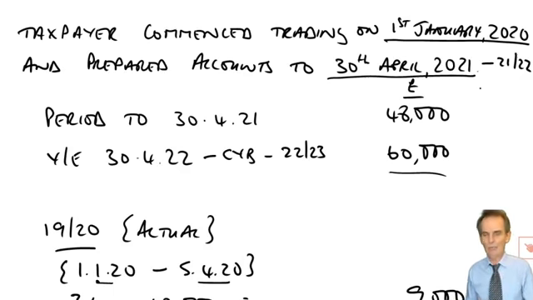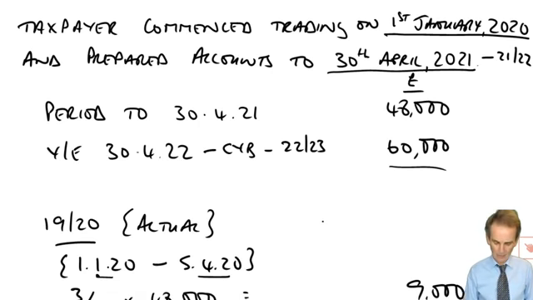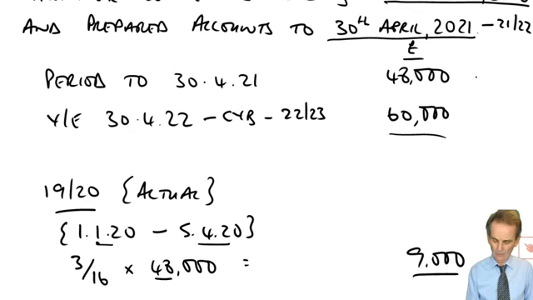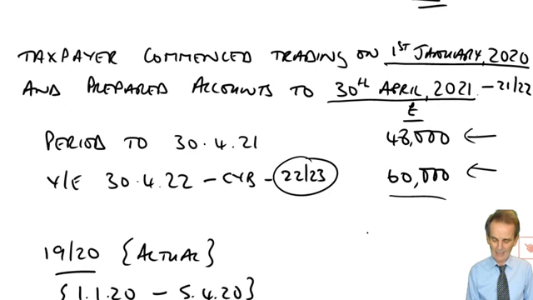You don't have an accounting period end until the third tax year. And based on the profit figures of 48,000 and 60,000, we then established what the assessments were.